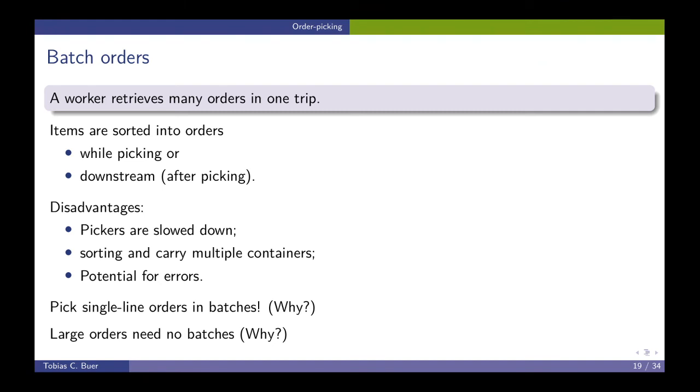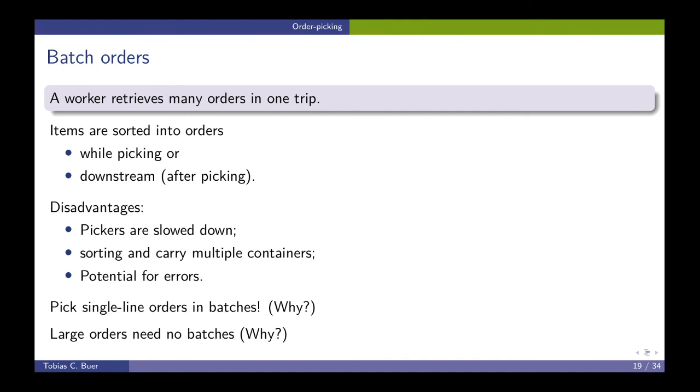If the picker makes a mistake in sorting the items, then the customer might receive the wrong item in the end. So batching orders is more complicated, requires more advanced methods, but of course it can save us a lot of travel time.